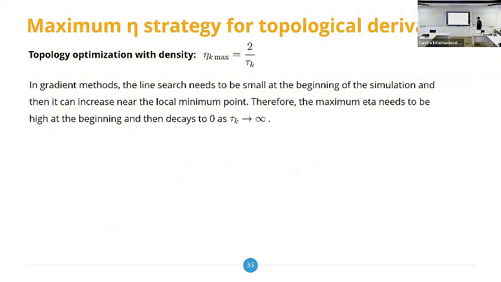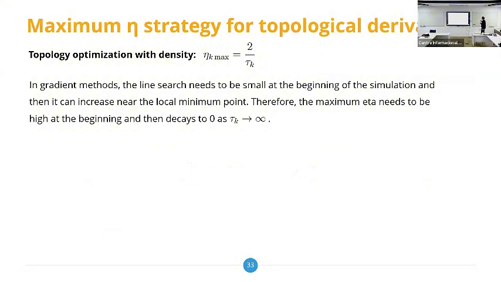Just to finish, I will introduce some strategies we have been working on for this maximum eta to solve this oscillation issue. We recall that for density, we have this maximum eta of 2/2. And we can study a bit how this maximum eta behaves.